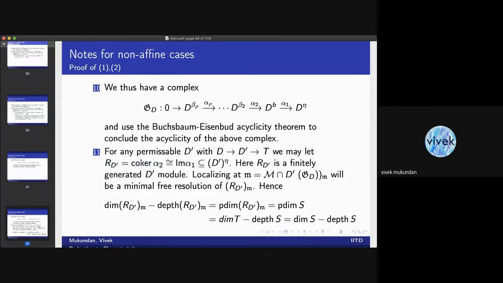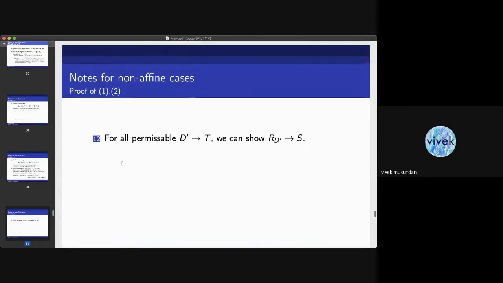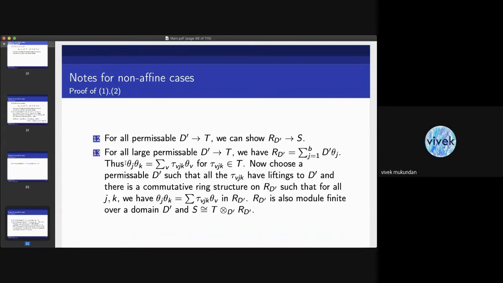But you have a way out of that one too. If you look at R_D', which is the cokernel of alpha 2, it also has the same generators, theta 1, theta 2 up to theta b. So you can make sure that for all large permissible D', R_D' is actually a finite module over D' using the same generators, theta j.